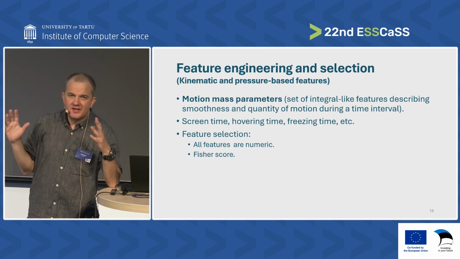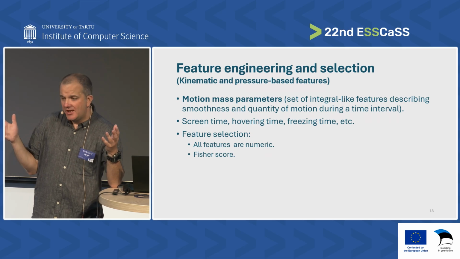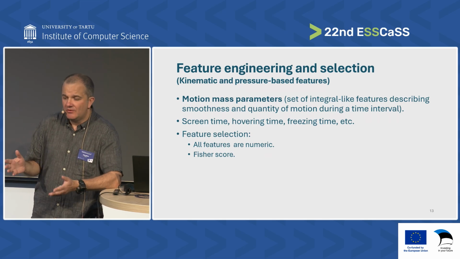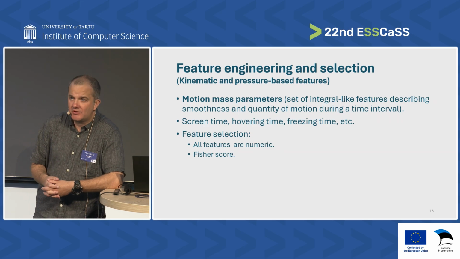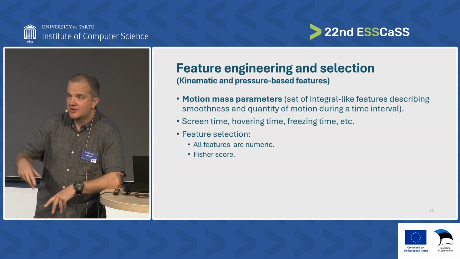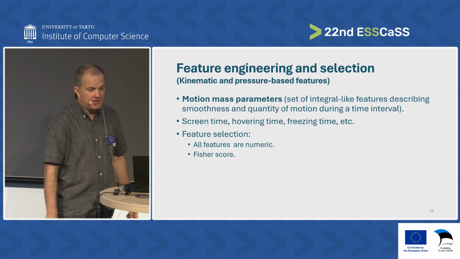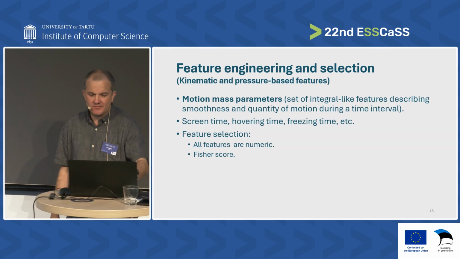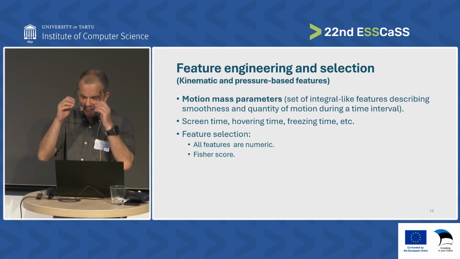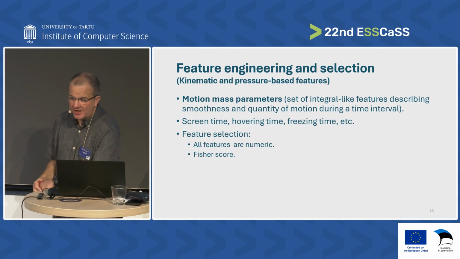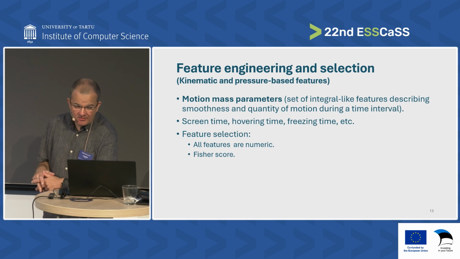We constructed a nested cross-validation loop, and in this, because all features are numeric, we use the Fisher score, which basically orders features with respect to their discriminating power. An alternative may be to play with entropy, so Gini indexes, but they will give approximately the same result. And what have we achieved in our research group?